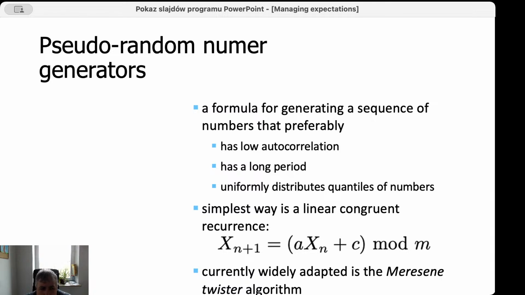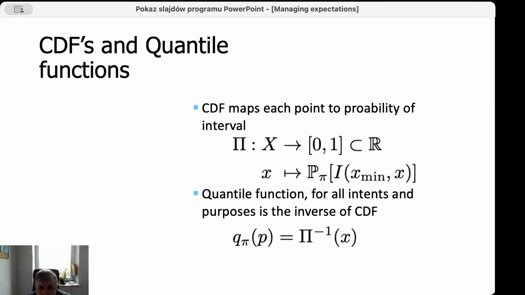Currently, the most advanced and widely adopted pseudo-random generator algorithm is something called Mersenne-Twister, which we will not be elaborating on. This is implemented almost everywhere, including Python, and generally is the go-to representation of random number generators.